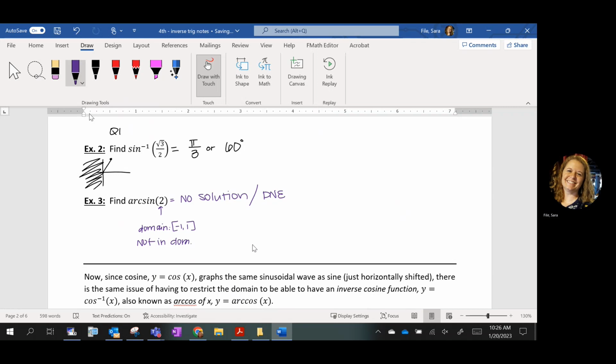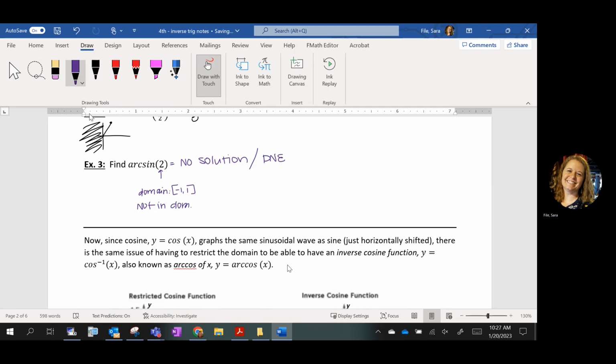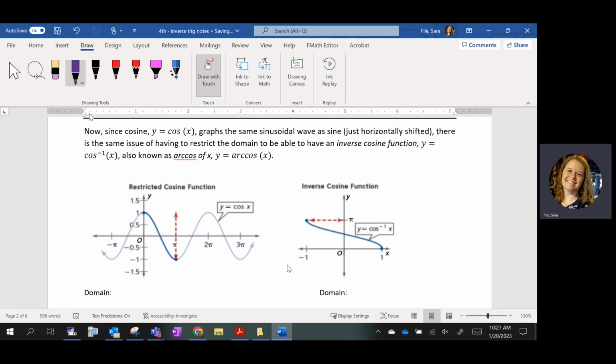All right. Let's look at cosine. Cosine wave is very similar. It's a sinusoid. It's just shifted over from sine, right? But when I think about where cosine is positive and negative, okay, so 0, pi halves, pi, 3 pi halves. Cosine is positive in quadrant 1 and quadrant 4, right?